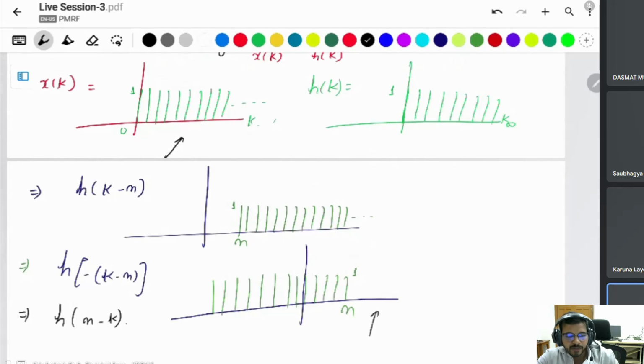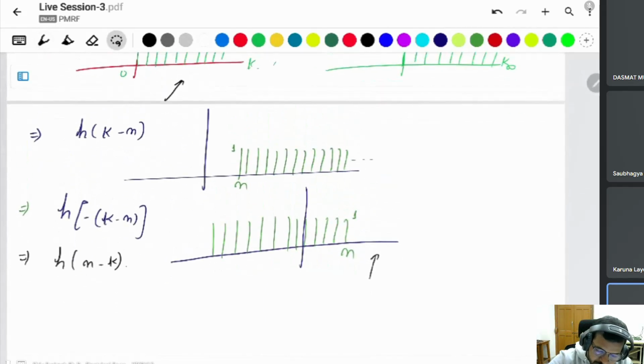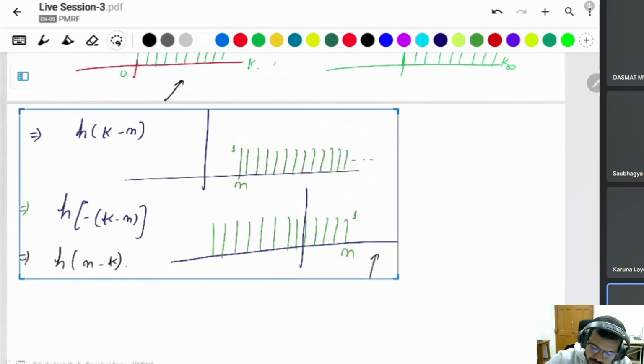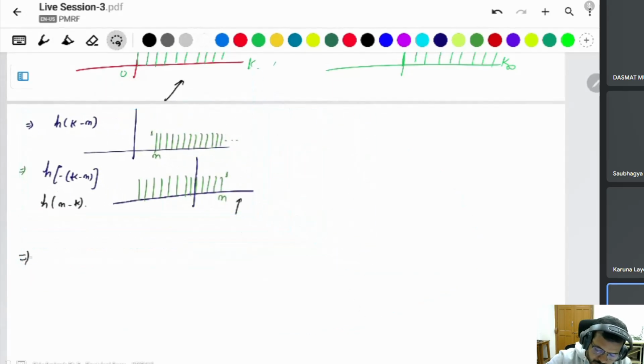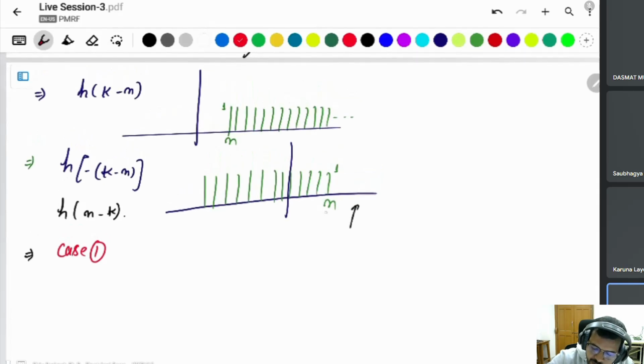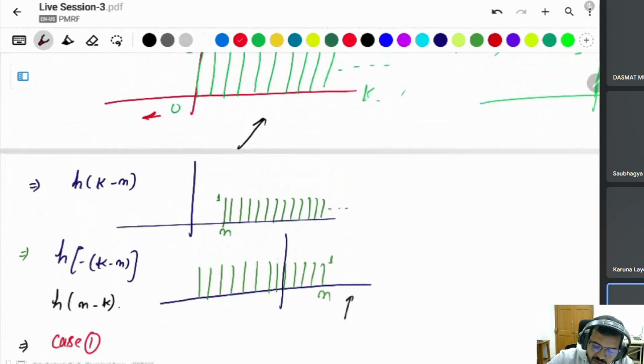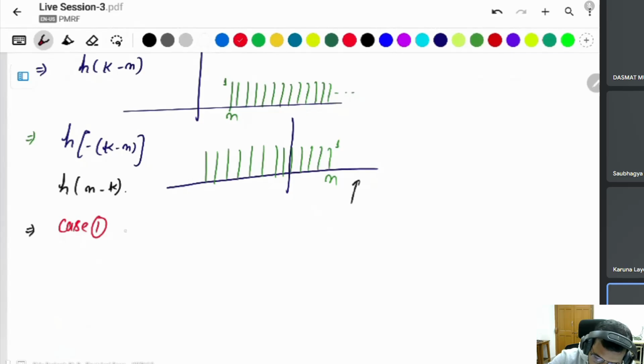Then let's try to find the convolution. Case 1, if n is less than 0, then there is no overlap. How does the signal look?